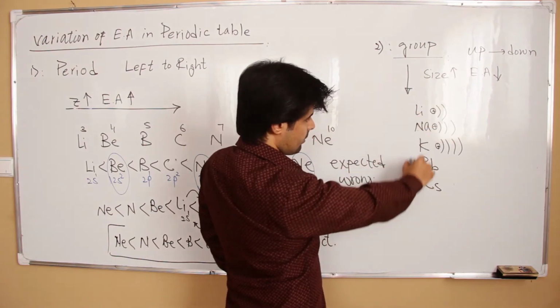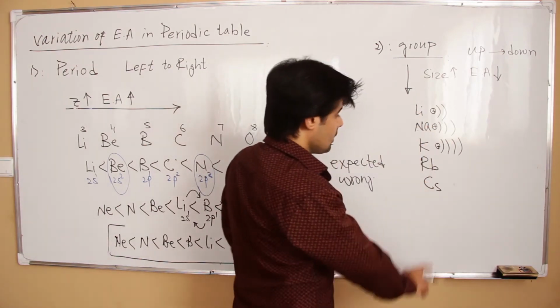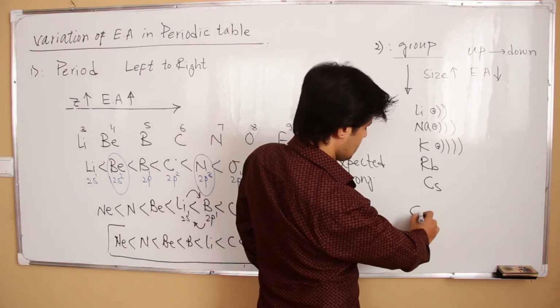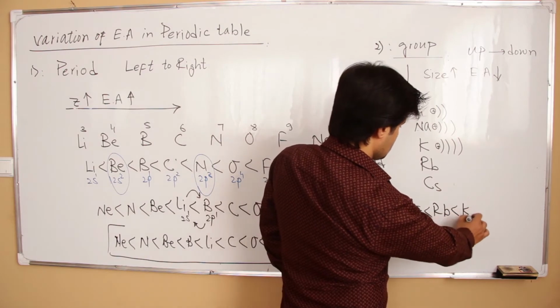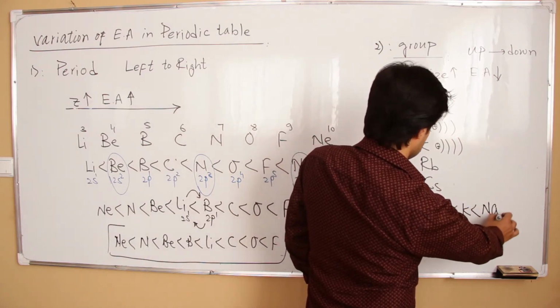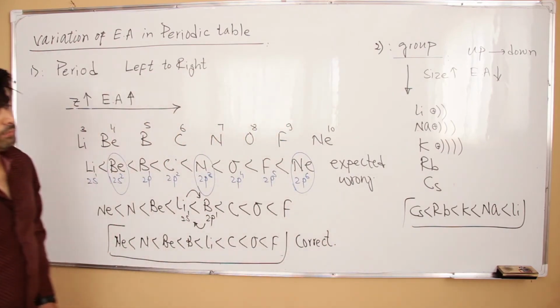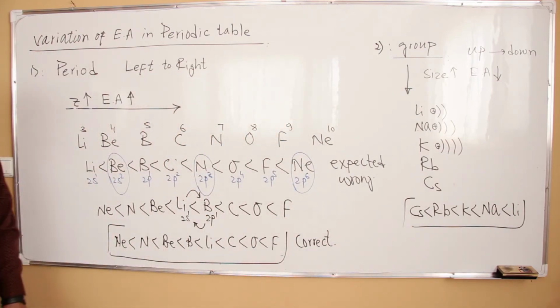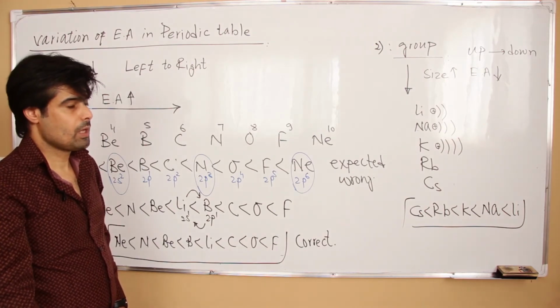So size is increasing. If size is increasing, electron affinity is decreasing. Cesium is less, then rubidium, then what? Potassium, then sodium, and then lithium.